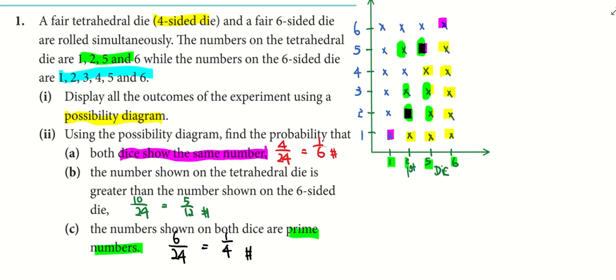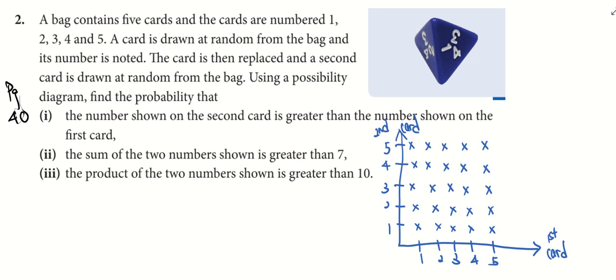Usually after they ask you to list out the possibility diagram, they can test you on probability again. Of course in this question, the possibility diagram is drawn out very neatly. But in the event that you cannot replace the card, like what Jubin said, the same number cannot appear again.